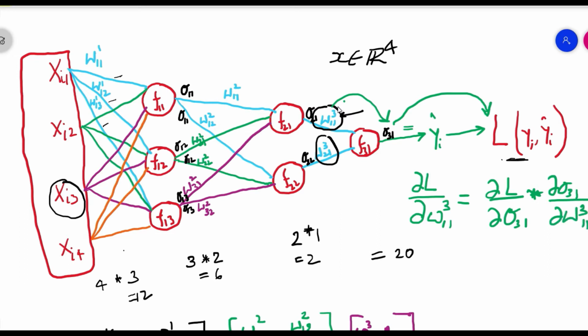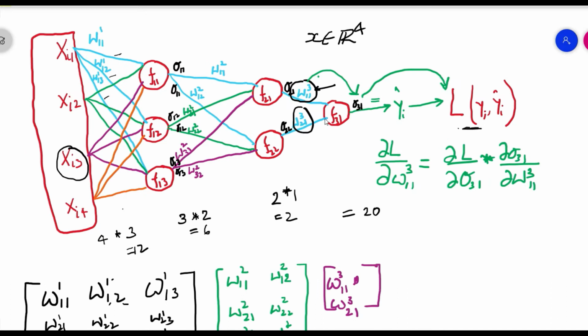chain rule of differentiation. Now, just to remind you, what does the chain rule of differentiation say? Let's say a function f(x) is dependent upon a function g(x), which is further dependent upon a function h(x).